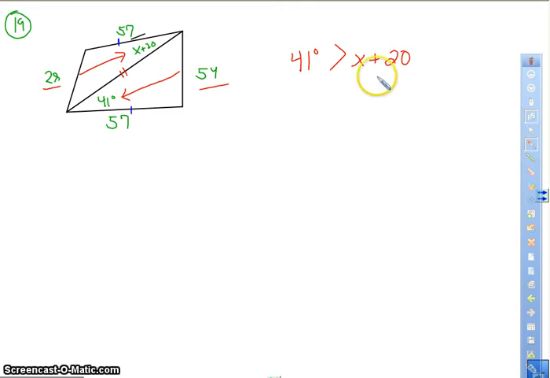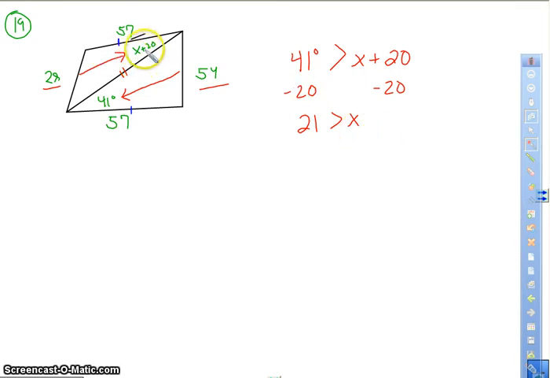So I'm going to solve for x. I subtract 20, and you get 21 is greater than x. But I want you to now look at this expression. If 21 is greater than x, then x could be any negative number. So I could say that x is negative 40.